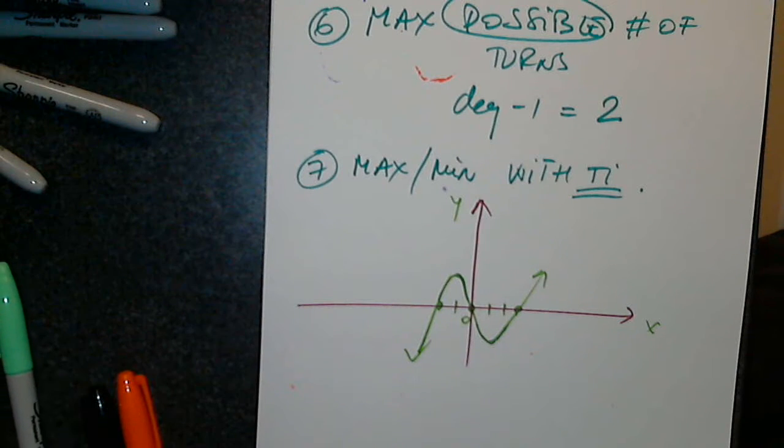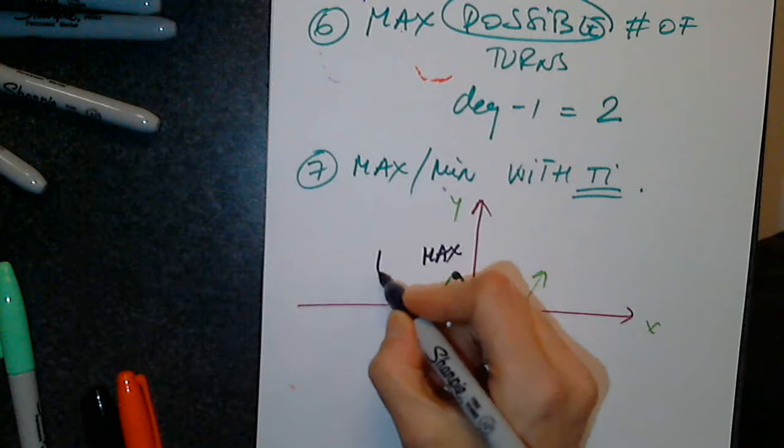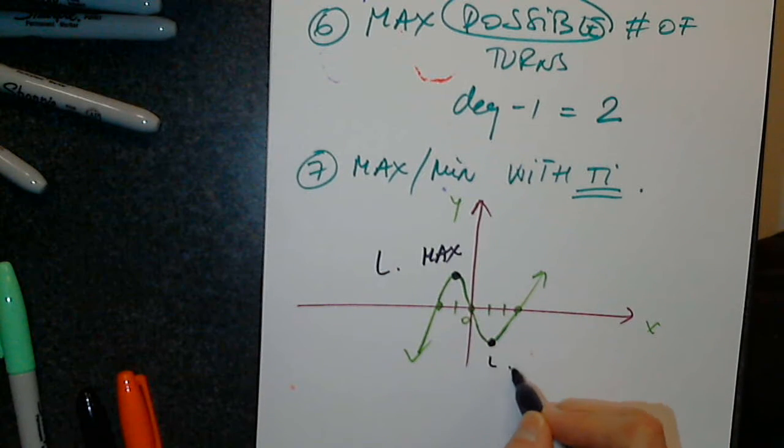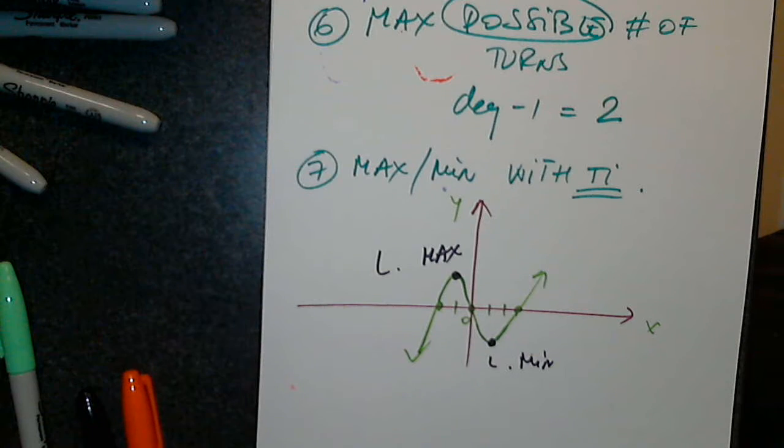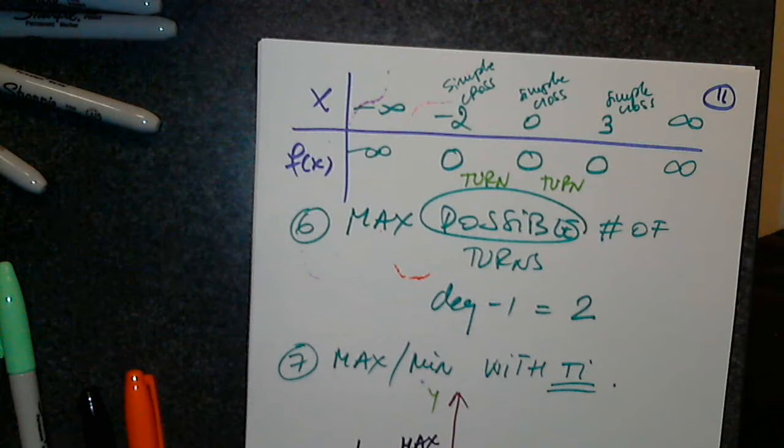Yes, without calculus, I will not be able to determine this max. It's a local max. And determine this min. It's a local min. I will not be able to. So that's the last step. And I will put them in my chart. And there is no secret anymore about this function. We know everything about it.